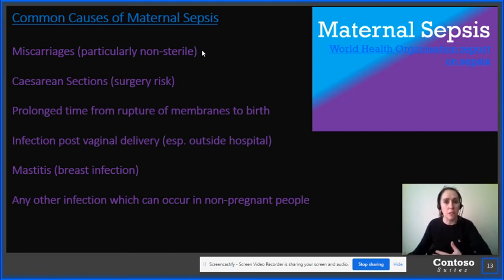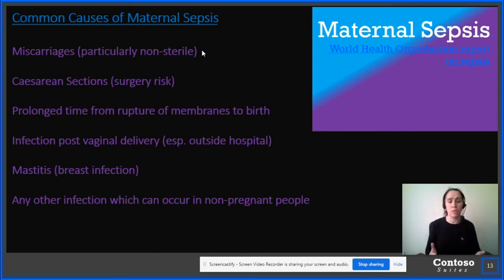So there are still backstreet terminations. I know terminations aren't the same as miscarriages, but I want you to think about the non-sterile environment that could be high risk for causing an infection that might lead on to sepsis.